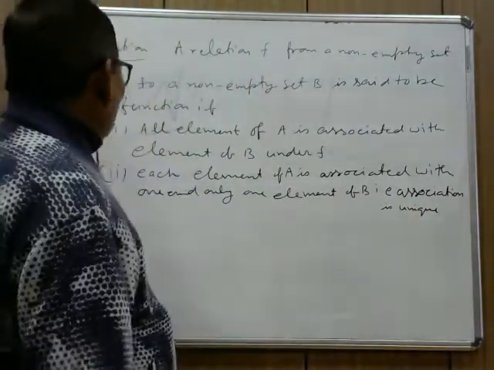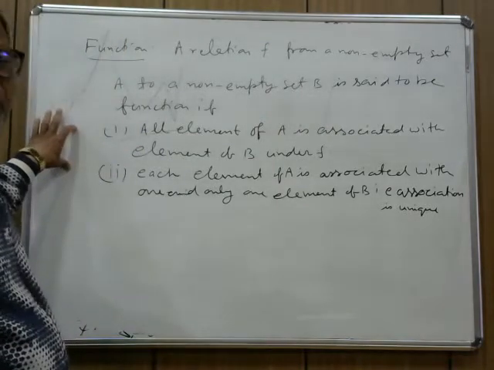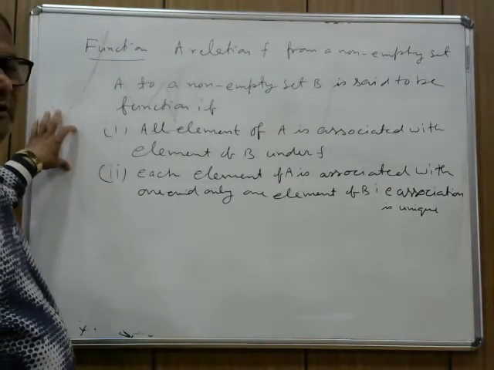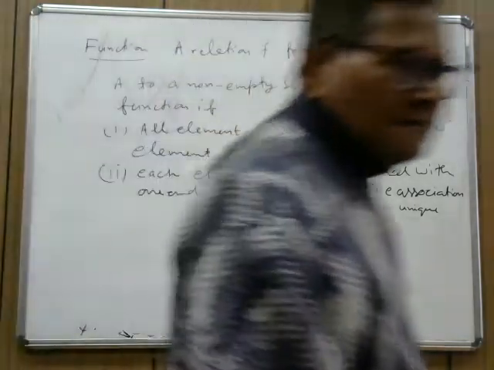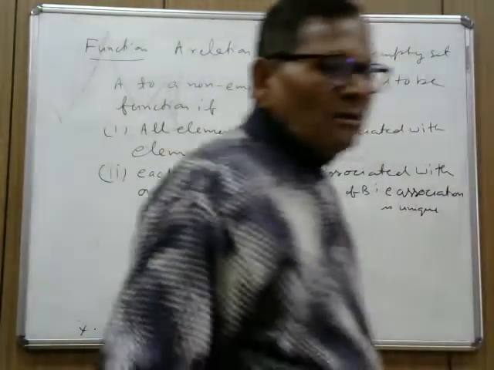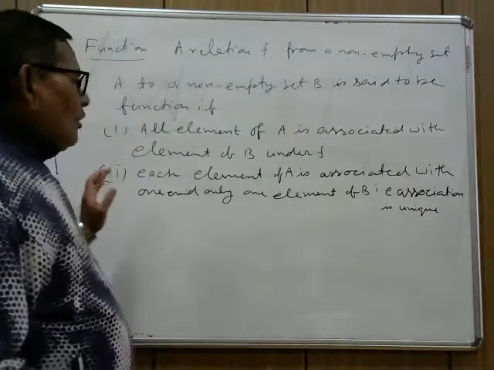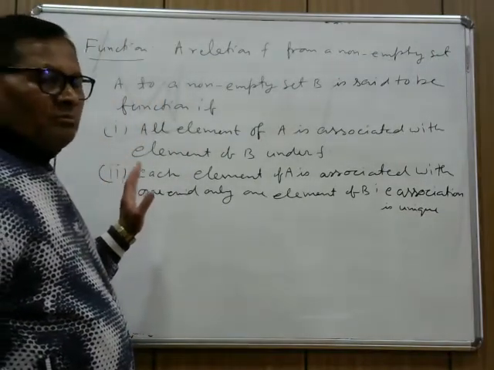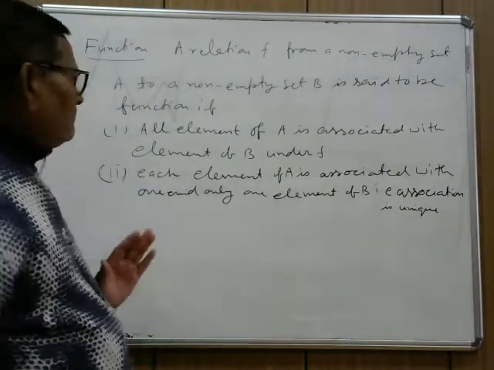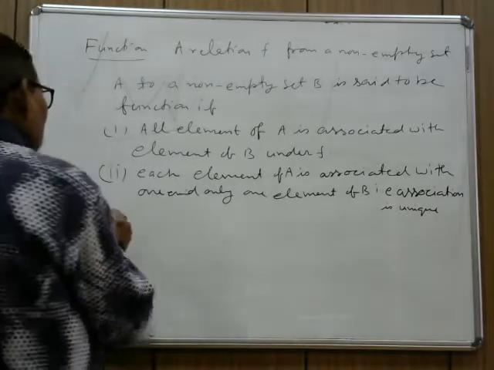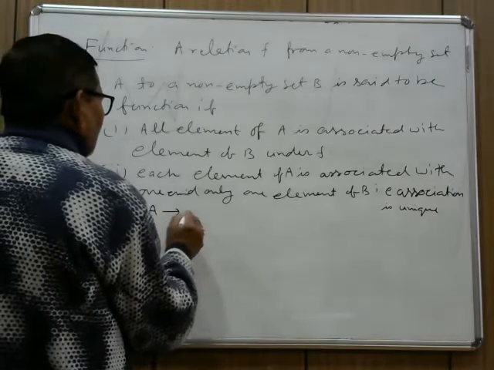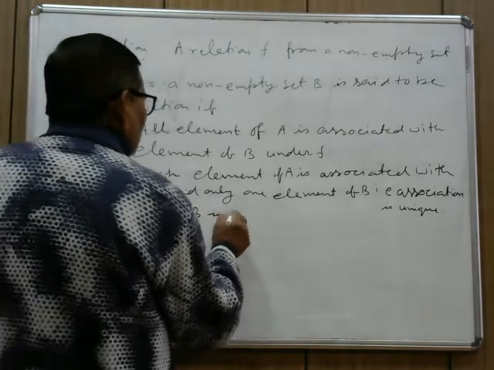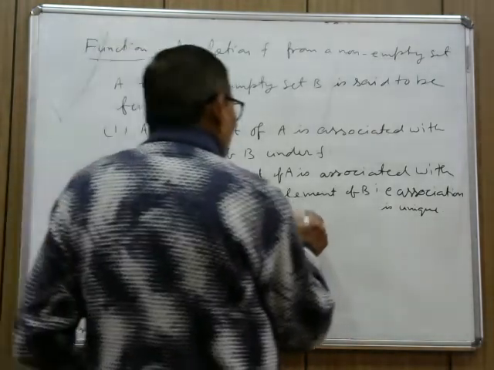And if these two conditions are imposed on the relation between the first and second element, that relation becomes a function. So in brief we say that F from A to B is called a function.